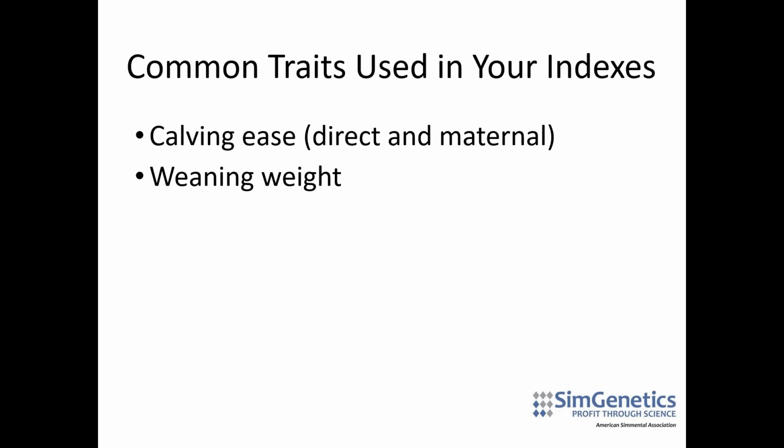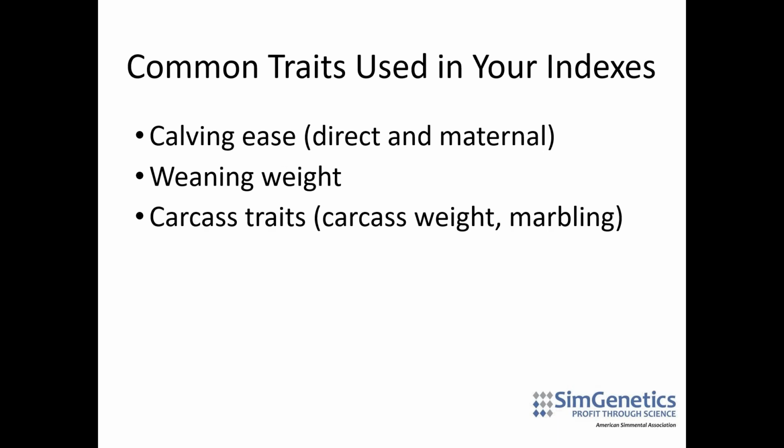And then we had some more variation depending on what your final market was. There are quite a few of you who were telling me that you're going to sell calves at weaning, and so weaning weight was important. And there are others of you who might retain some ownership on some calves, and so you were concerned with carcass traits, so carcass weight and marbling, a few ribeye area out there in the mix.